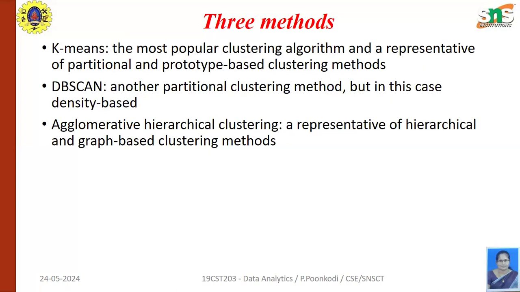In K-means, first it will find the cluster head, then after finding the cluster head, it will find the neighbor objects. For finding the neighbor objects, it will use the quantitative attributes.